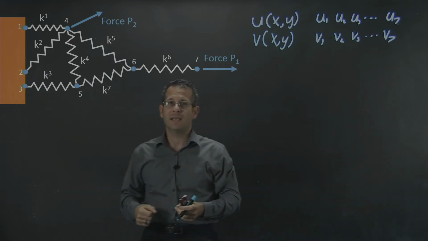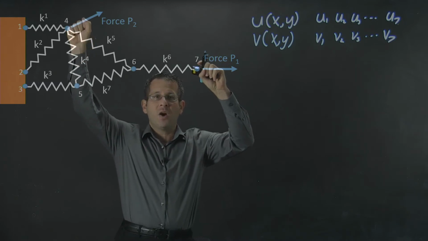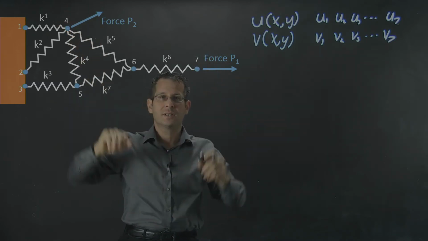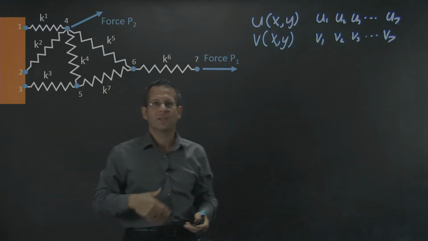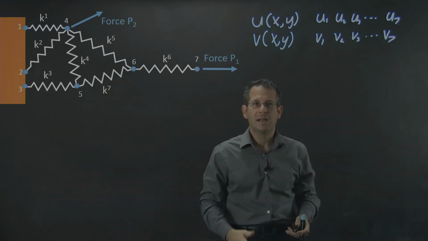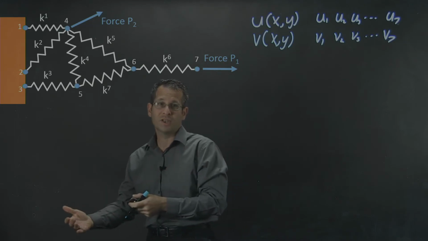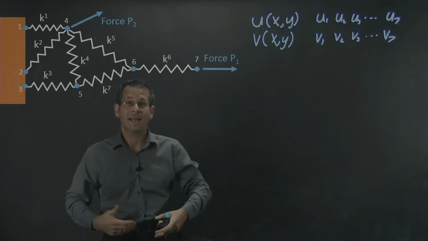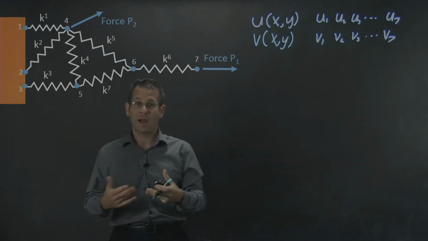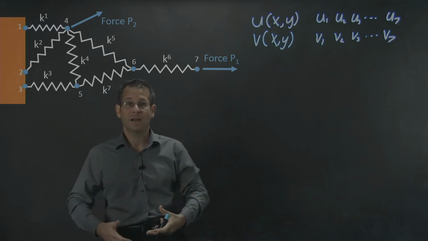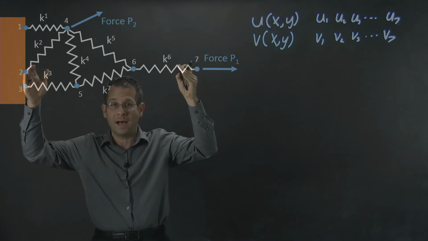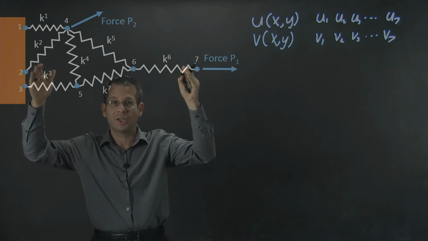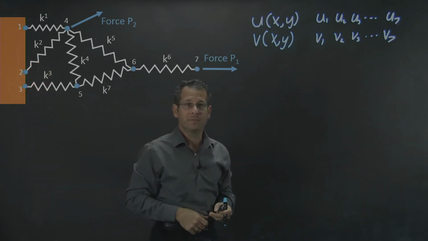What I mean is that if I was suddenly to let go or turn off these forces, this system would spring back to its original shape. And in springing or moving back to its original shape, it's moving, so I can get work out of it. Work is a type of energy. Energy can't be created or destroyed. That means the system must have had pent up potential energy stored in the system.